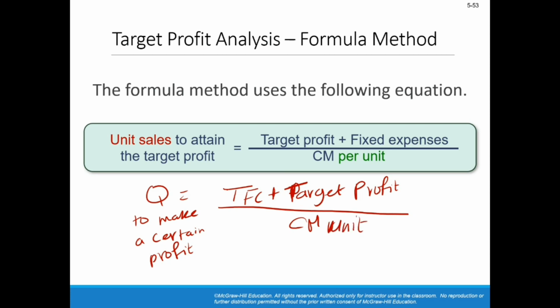Okay, if I want this as sales, not as Q, so sales required to attain a profit, instead of having CM unit, you will have the CM ratio.